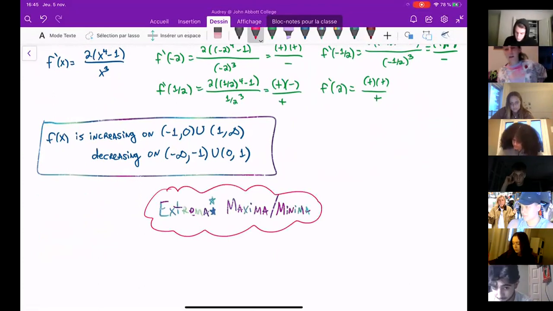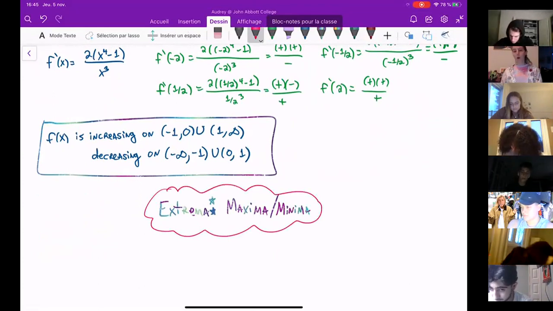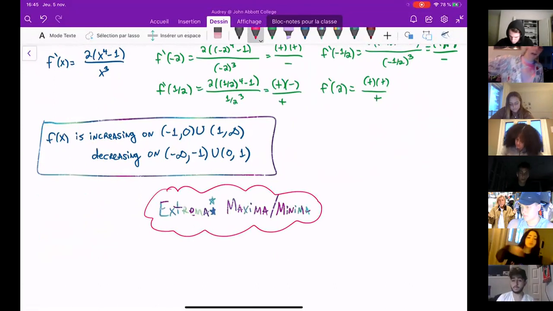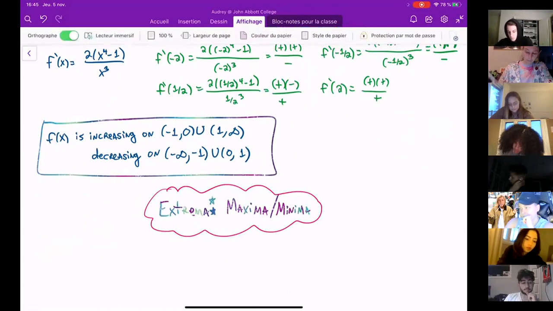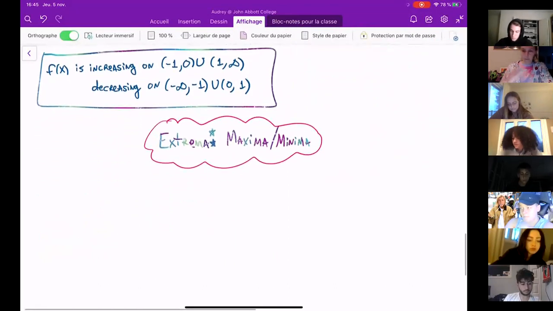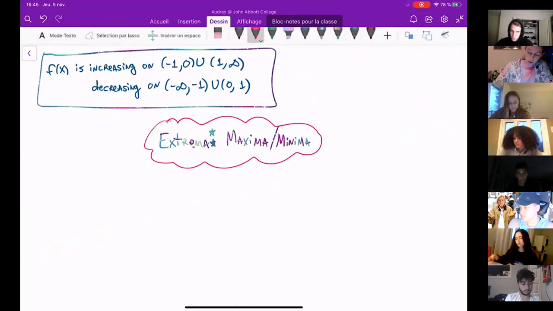So we're going to make some definitions and look at some graphs, and then we're going to go back to that problem and answer another question about it. So we'll just start off with some definitions.